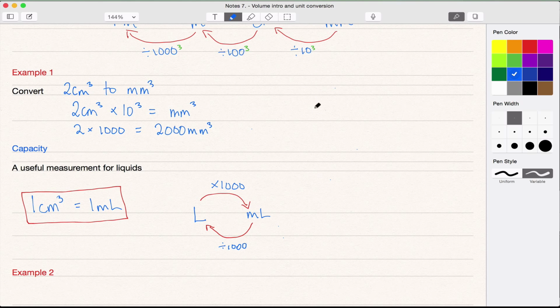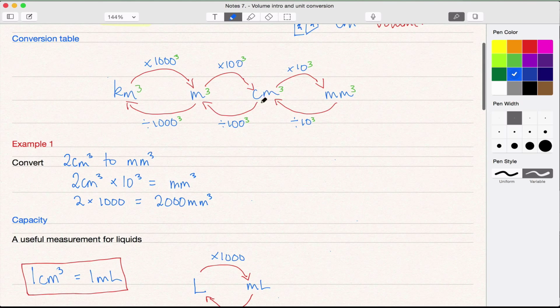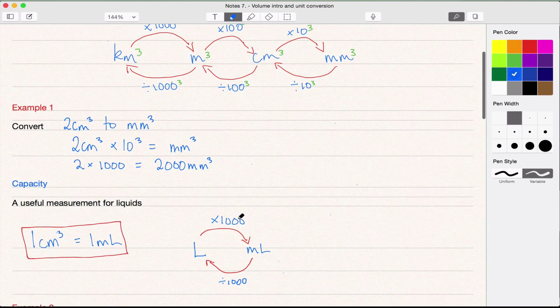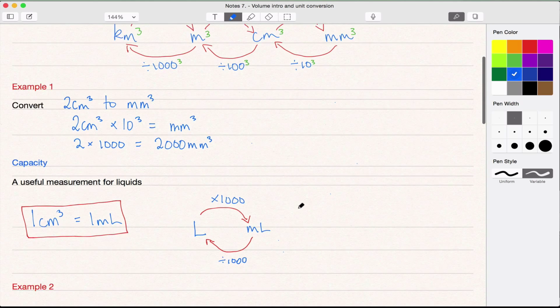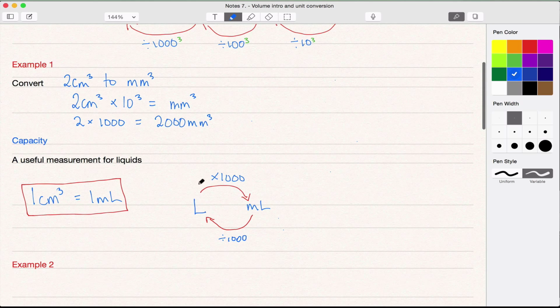Once you've got that, and you've worked out your volume in cubic centimetres, so you might have to convert from one of the others into cubic centimetres, you can convert cubic centimetres into milliliters, and here's our quick conversion table that you would have known in the past. Changing from litres into milliliters, you need to times by 1000, and from milliliters back to litres, you need to divide by 1000.